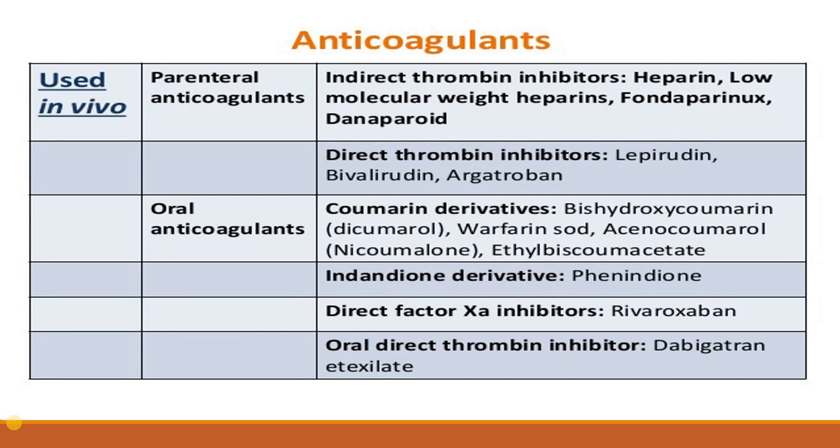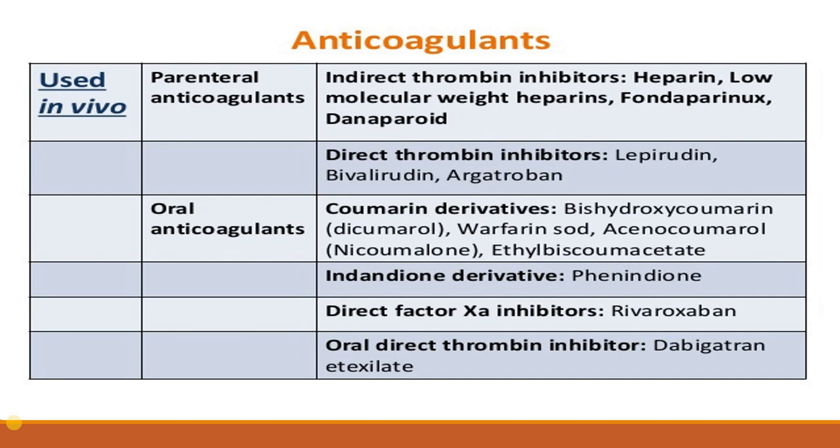Okay, next one is indanedione derivatives. Its first example is phenindione. Phenindione works as an anticoagulant. Next one is direct factor Xa inhibitors.